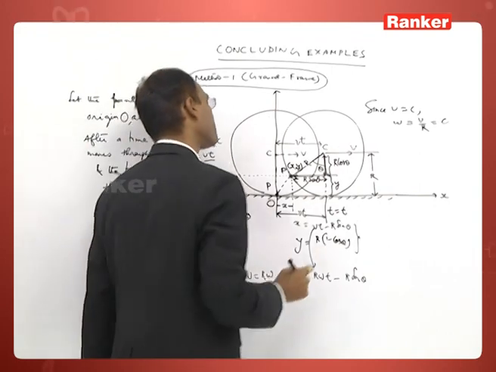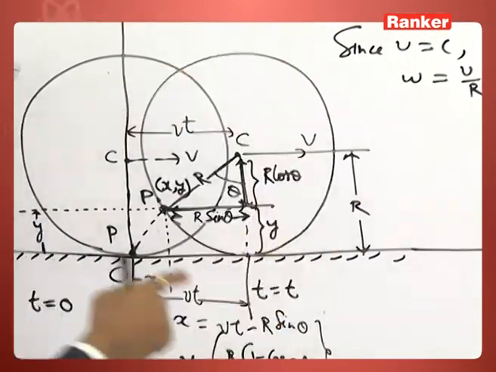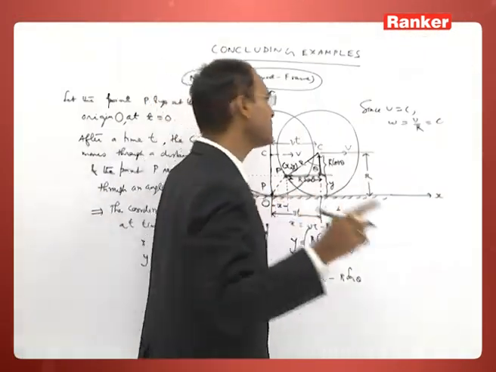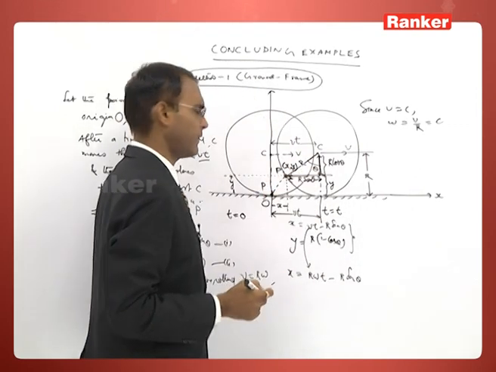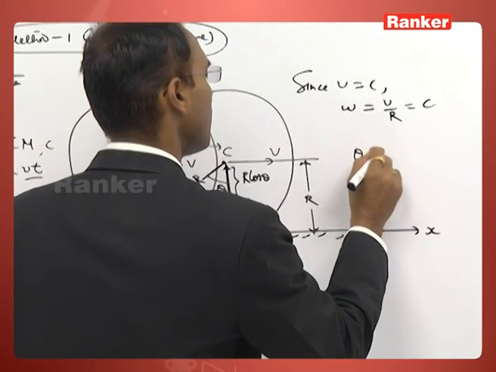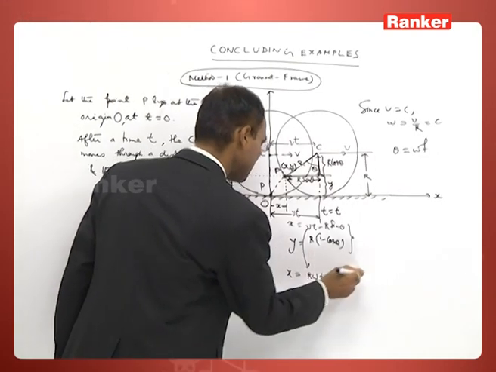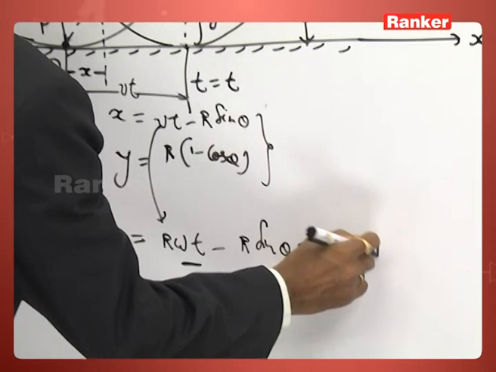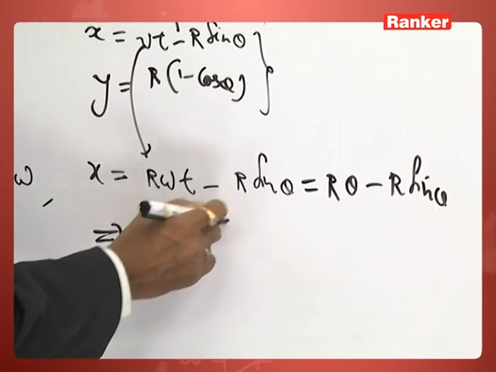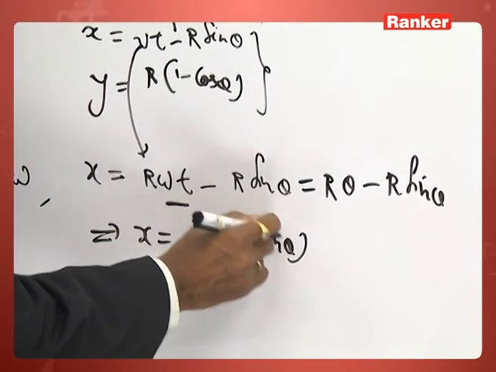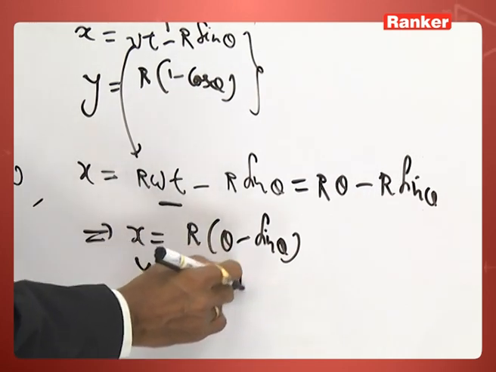This means that with respect to the center of the cylinder, the point P moves in a circular path, executing uniform circular motion. Therefore, theta is equal to omega into t. So, r theta minus r sin theta. Therefore, I can write x is equal to r, taking r common, theta minus sin theta. And y you can write as r into 1 minus cos theta.